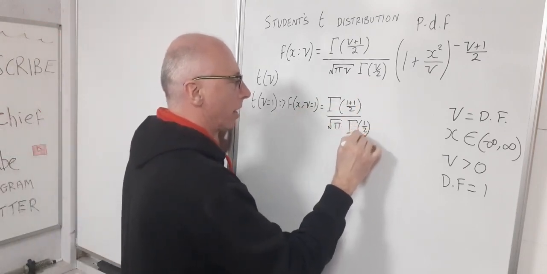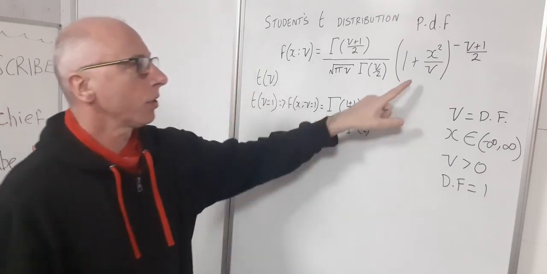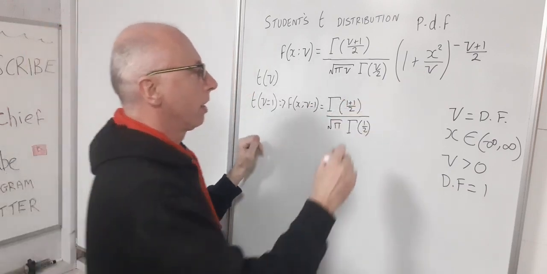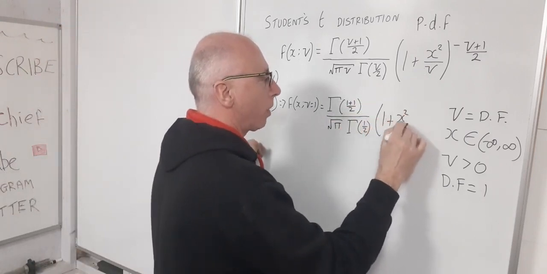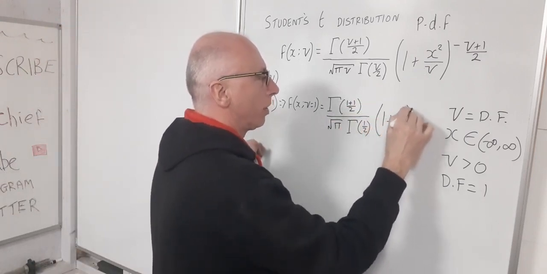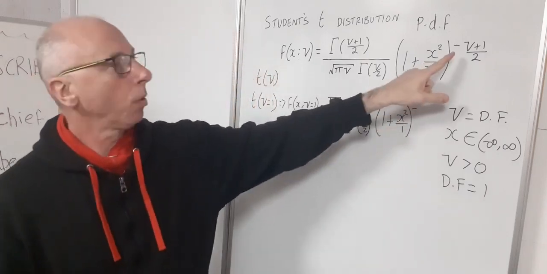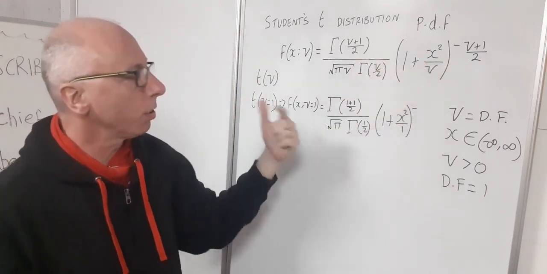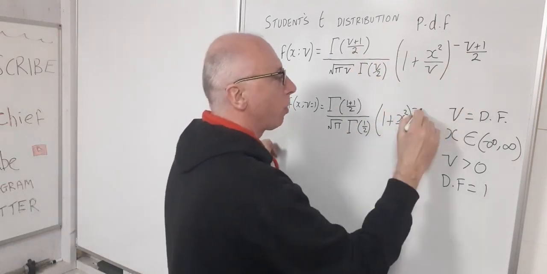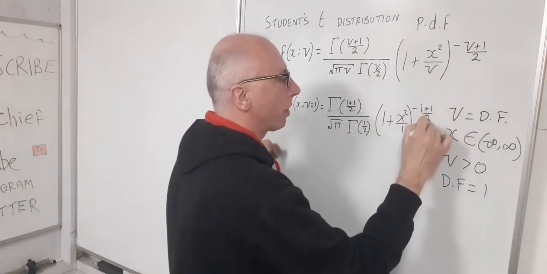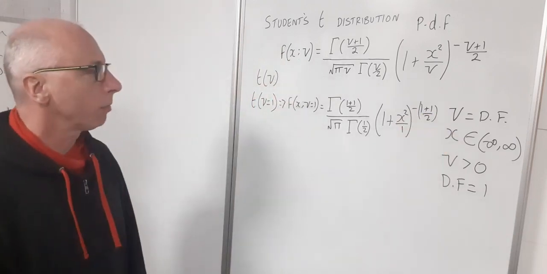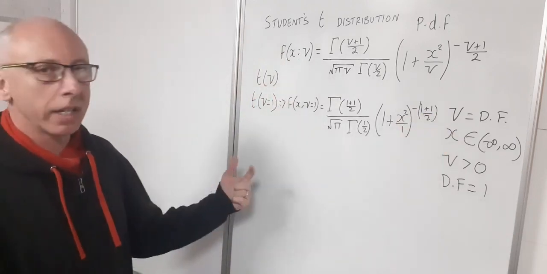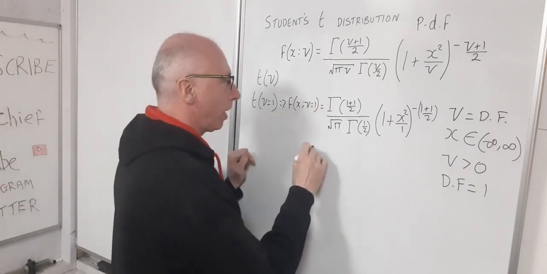Okay, and then our function here with our random variable in it, we've got 1 plus x squared over 1 to the power of minus 1 plus 1 over 2, sorry. Just going to put all that in there so we can break it down and see where we're going with this. Okay, so now let's bring this down and simplify it.